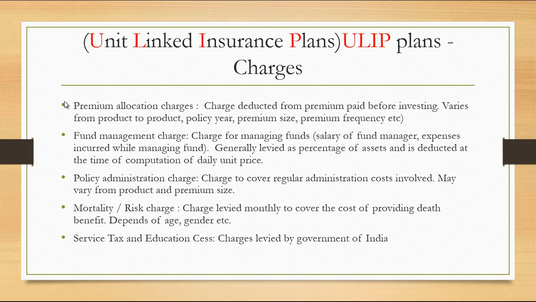Only 96,000 is invested if the charge is 4,000, correct? Some policies have quite high charges, so it is better to have a look at the charges and stay away from that kind of policy.